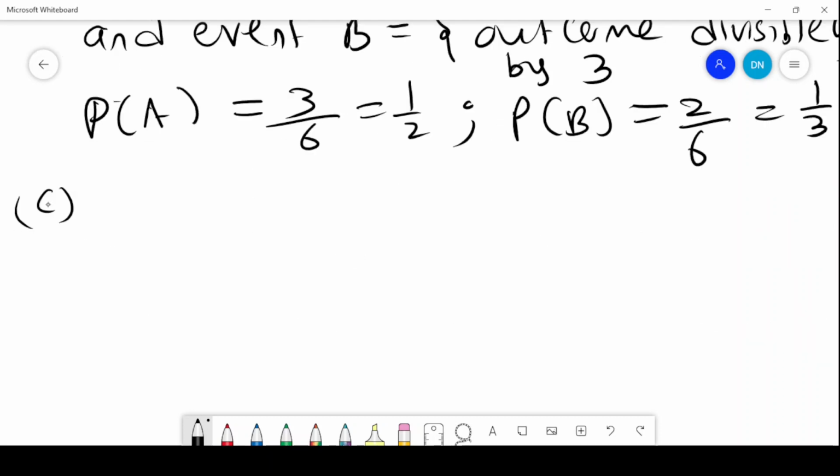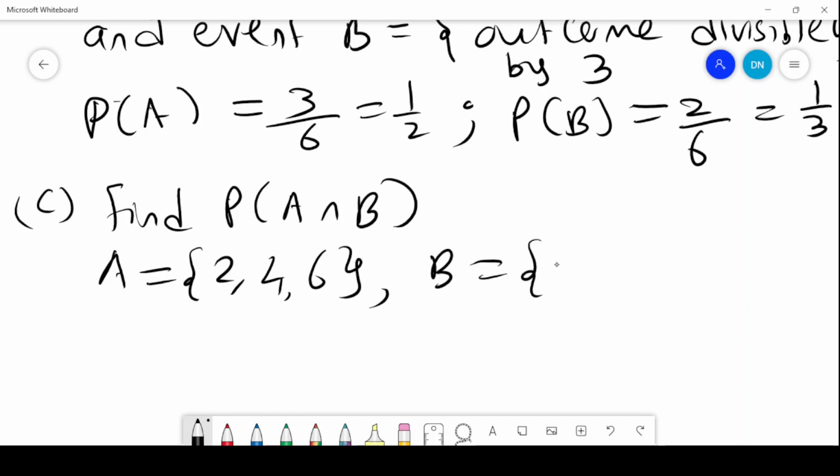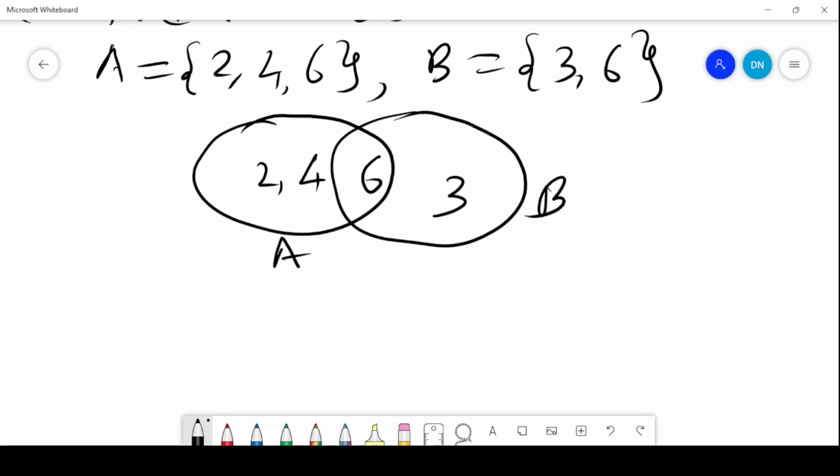One of them is we want to find the probability of A intersection B. Remember that A is equal to 2, 4, 6 and B is equal to 3 and 6. So that is what we have, and therefore I can comfortably say that A intersection B should be equal to 6.